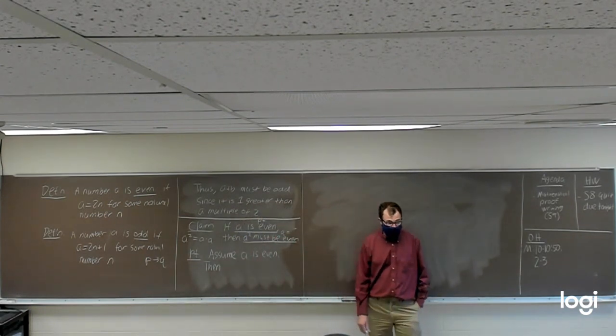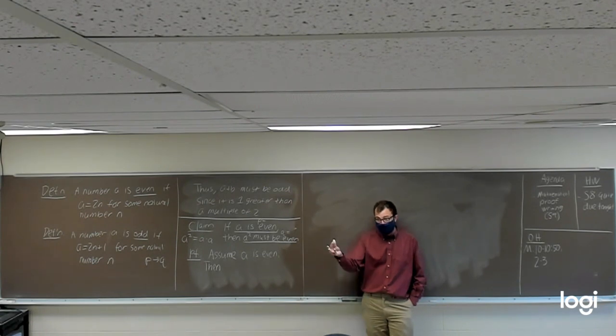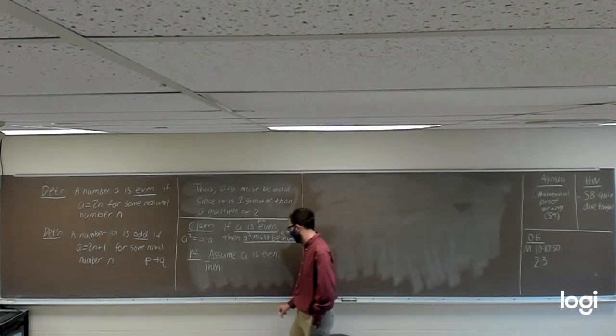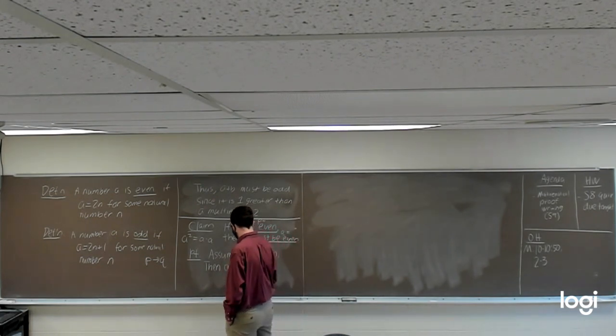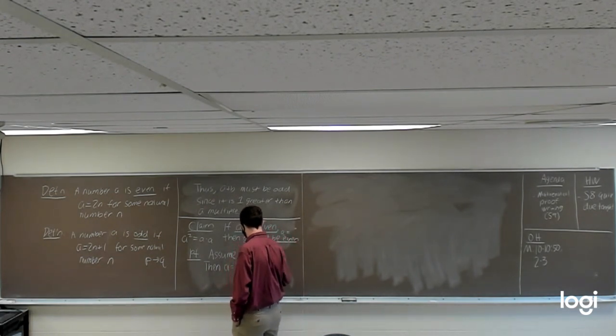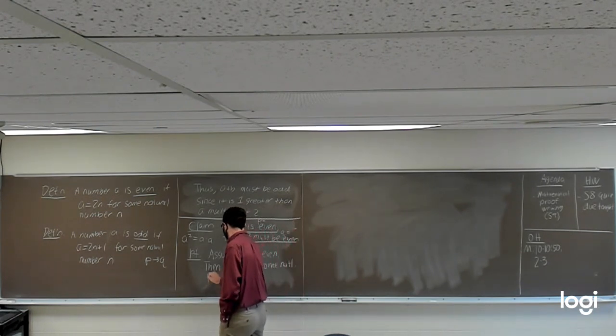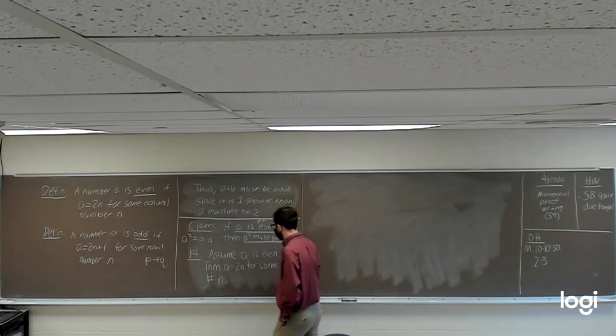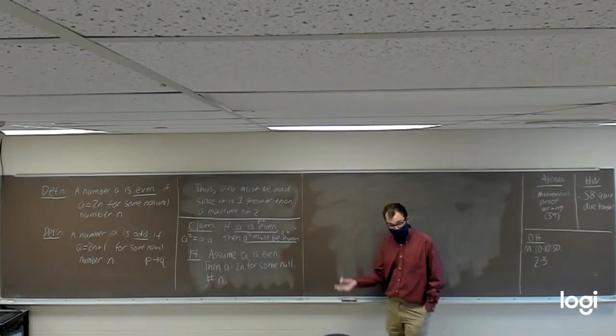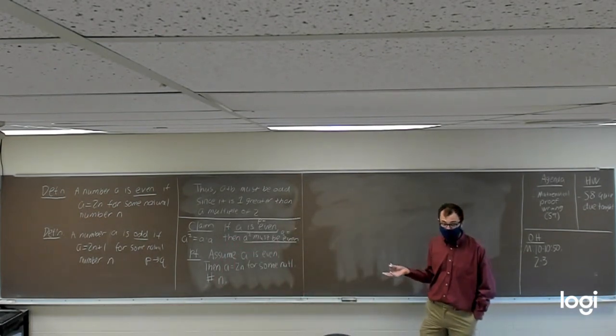What could we write out next after we assume that A is an even number? A equals 2n. Yeah, then A is equal to 2n for some natural number n. So that's just by definition of A being even.